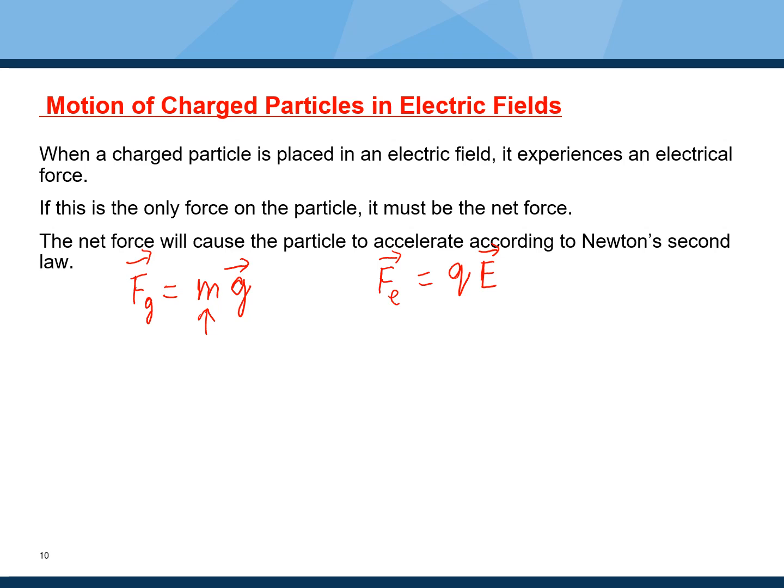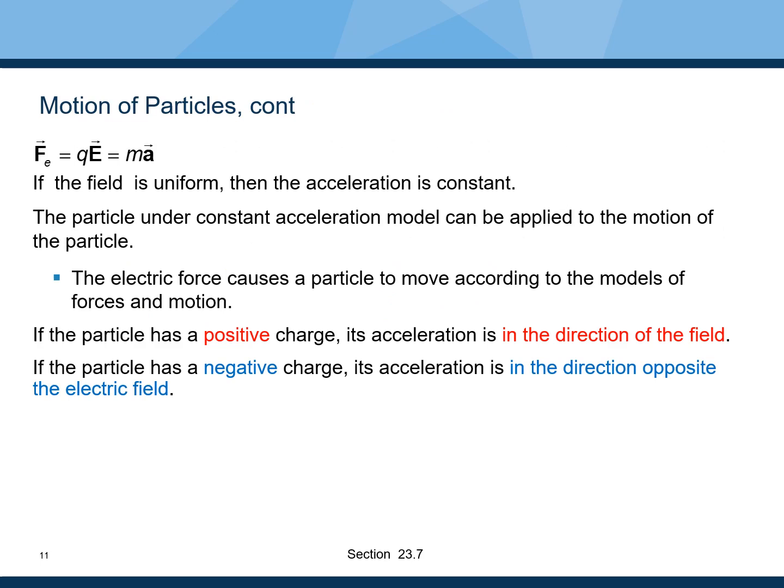On the other hand, the electric force can be parallel to E vector or it can be anti-parallel to E vector depending on the sign of Q. So if Q is positive, F vector and E vector will be parallel to each other. If Q is negative, F vector and E vector will be anti-parallel to each other. So please keep that little point of detail in mind because it can sometimes cause slip-ups when solving problems.